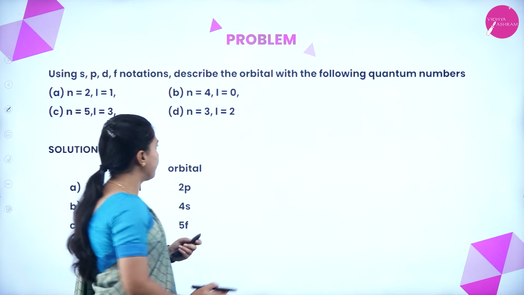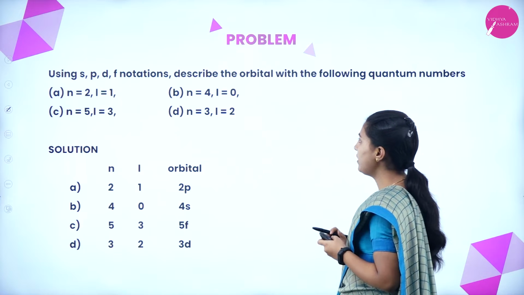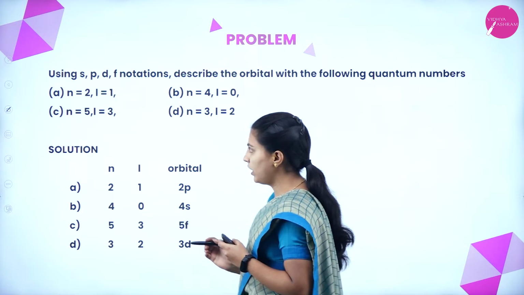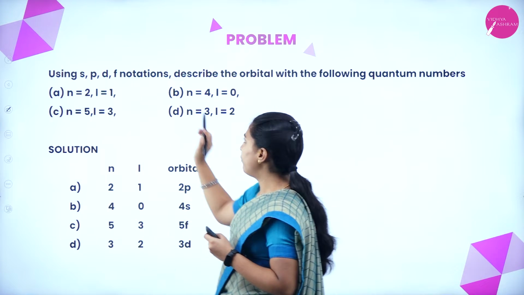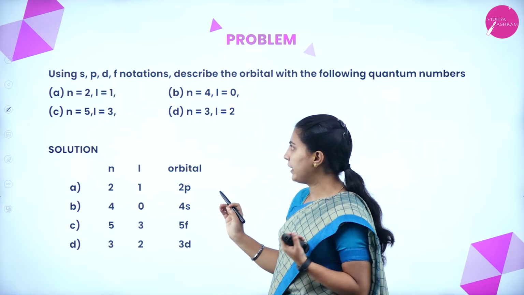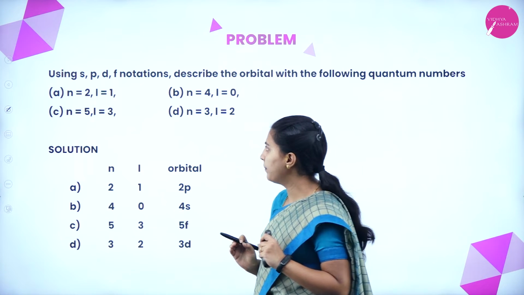Next problem: using SPDF notations, describe the orbital with the following quantum numbers. See, using the SPDF notation, we have to write down which orbital it belongs to.